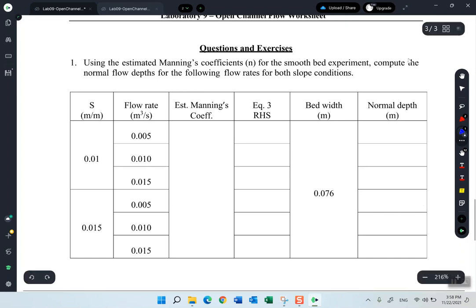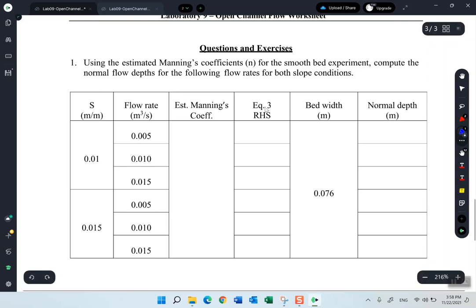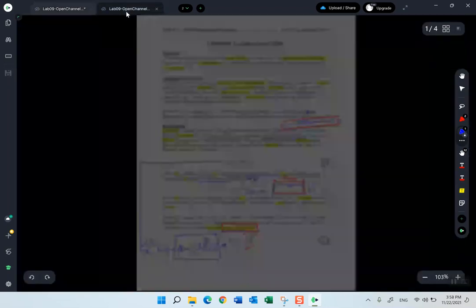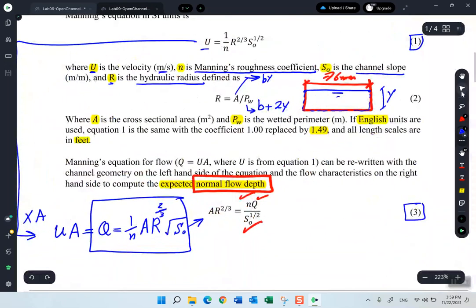So how are we going to calculate the normal depth? It gives you here the slope, the flow rate, and the estimated Manning coefficient from the previous experiment. The first step will be to calculate the right-hand side of equation number 3. So let's get equation number 3 from here.